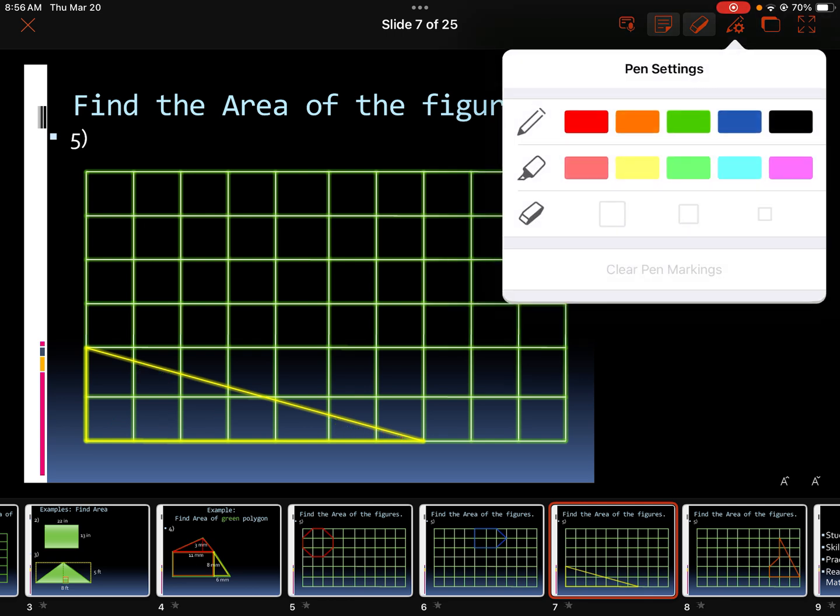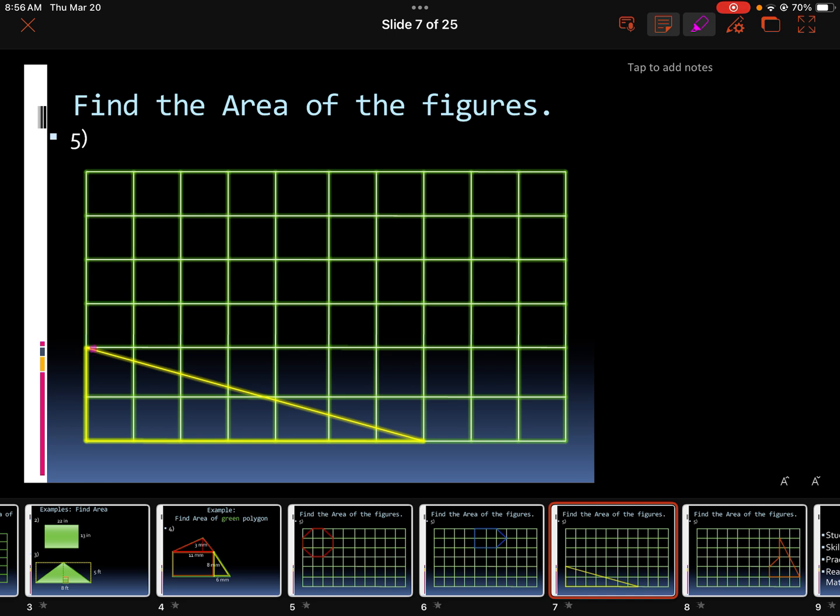Instead of looking at this yellow figure as a triangle, what if we just looked at it as a rectangle? Would you know the area of the purple rectangle? It looks like it's 7 by 2, so that would be 14 square units.